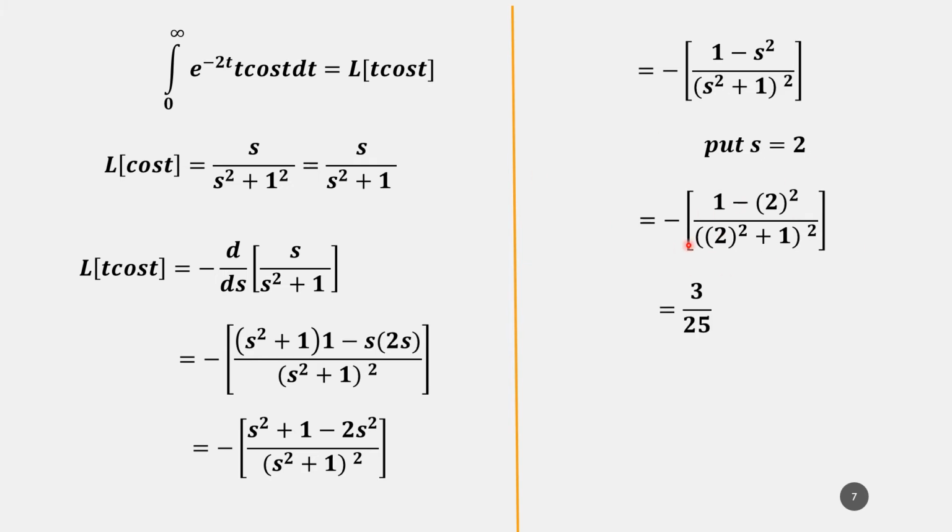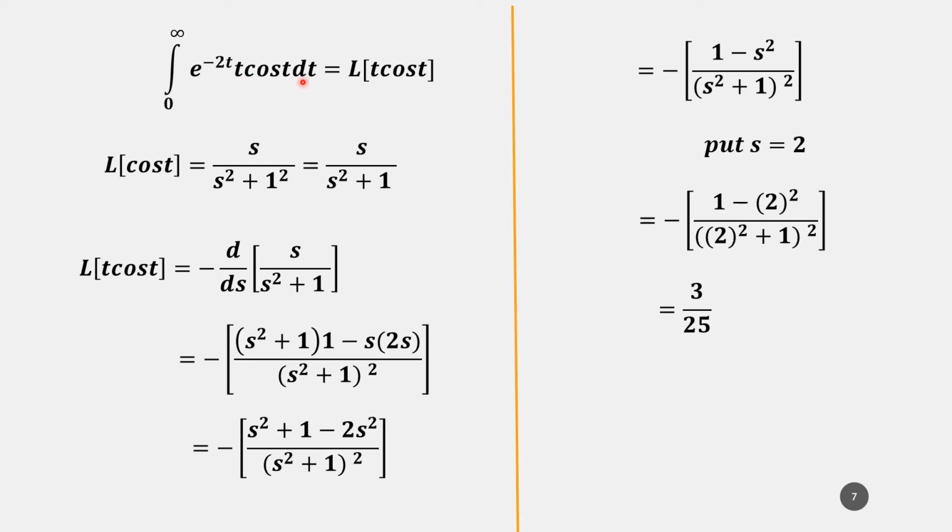So we get the answer as 3 by 25, putting s equal to 2 and simplifying the constant values. So the integral value is equal to 3 by 25. This integral value is going to be a constant because we don't have any s term.